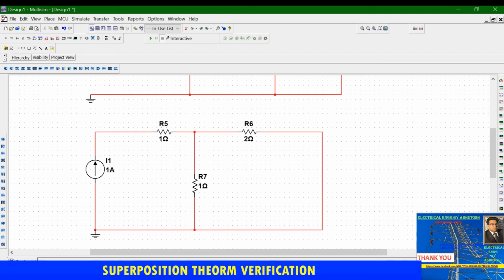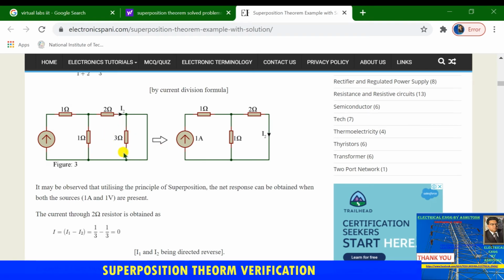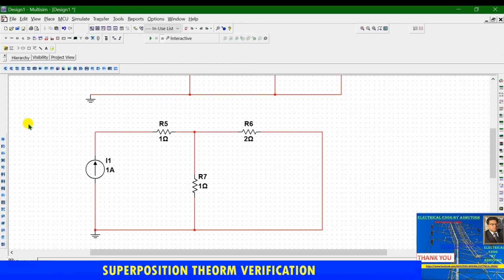Now this is the equivalent circuit, because this branch cannot pass the current. All the current will pass through this short circuited path, because this short circuited path is across this 3 ohm resistance. So there will be no 3 ohm resistance in the circuit. So we have just drawn the circuit like this.